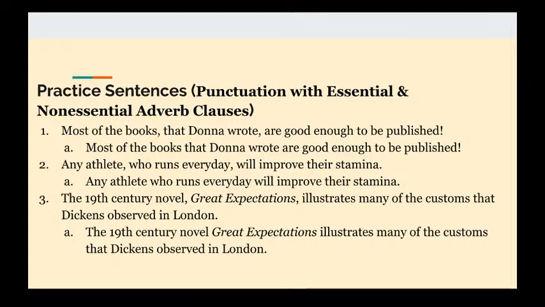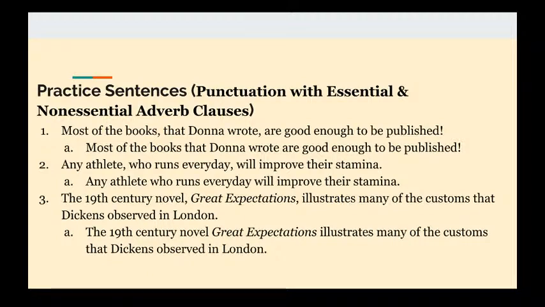Now to go over the example sentences. The font is different here, I just realized that. Number 1, most of the books, that Donna wrote, are good enough to be published. In the original sentence, we see that Donna wrote is set off by commas, implying that the phrase is not essential. That would mean that if we remove the phrase that Donna wrote, the sentence would have the same meaning.